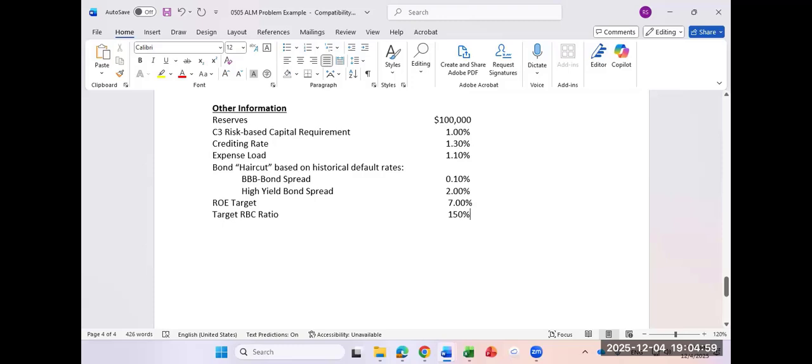Anybody remember step 1 on this one? Calculate the what? The capital requirements, right? Start with that. So you got the triple B bond, you got the high yield, you have C1 risk, you got C3 risk, and you got the total.